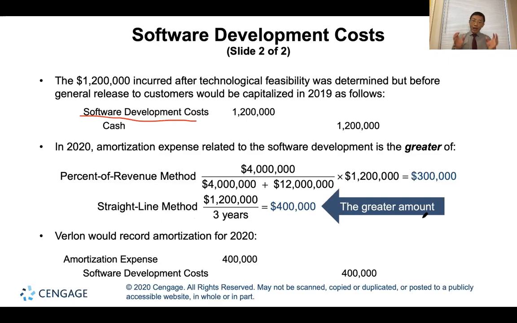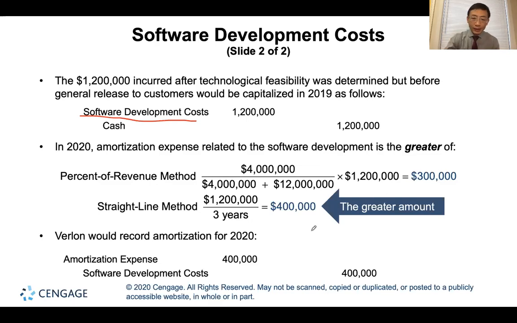So the conservatism principle from GAAP requires that for expense, the greater is better. For revenue, the smaller is better.